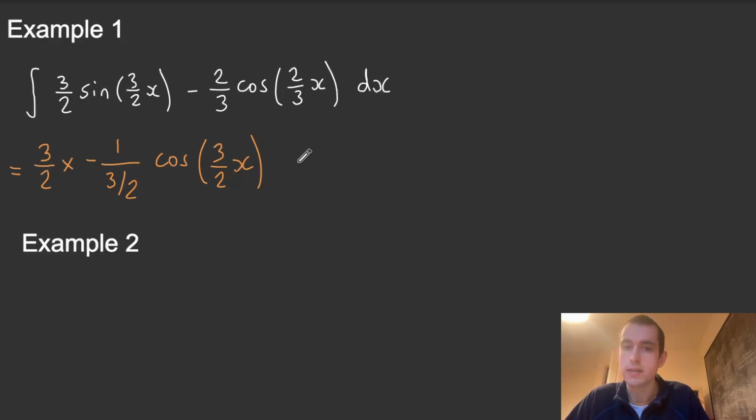Let's work on the second term. We'll have minus 2/3 from here, that's the constant. Then we're going to have times by 1 over k. What's k in this case? 2/3. Lots of sine 2 over 3x.